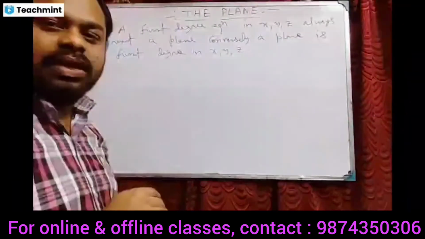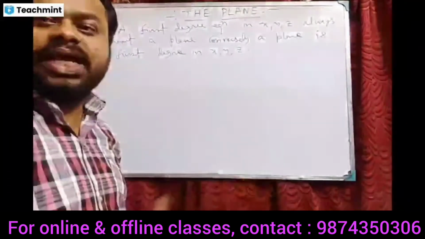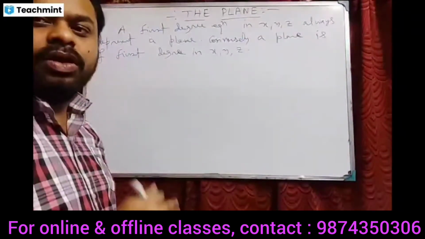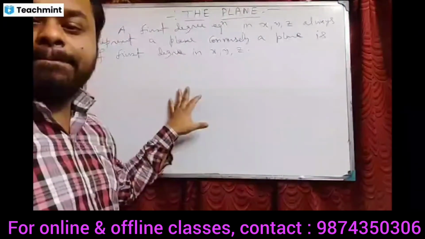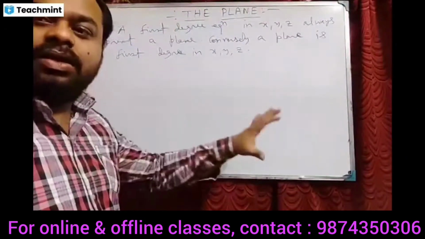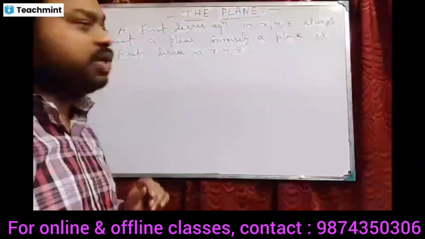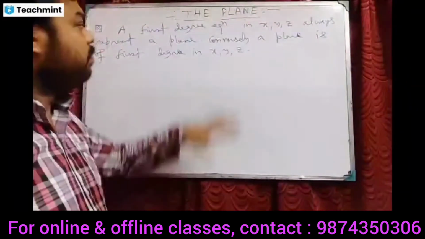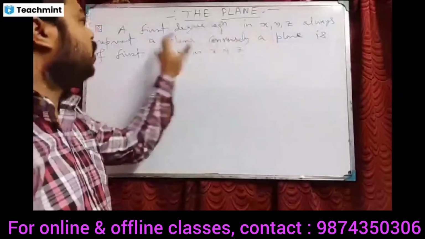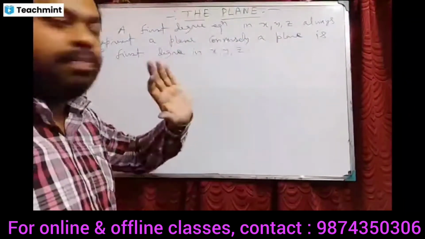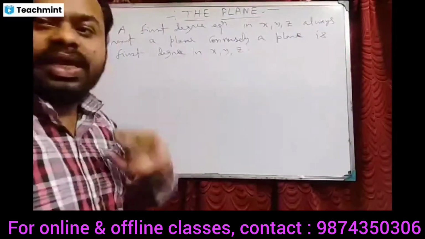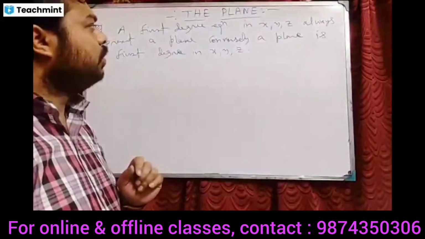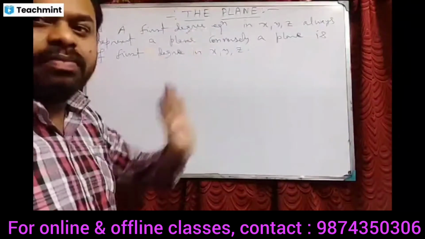Conversely, a line is of first degree in XY in 2D. So that means the definition of plane in general is similar to a straight line in 2 dimension. But first degree equation in XYZ always represents a plane in 3D, and conversely a plane is of first degree in XYZ. So this is not a definition basically.